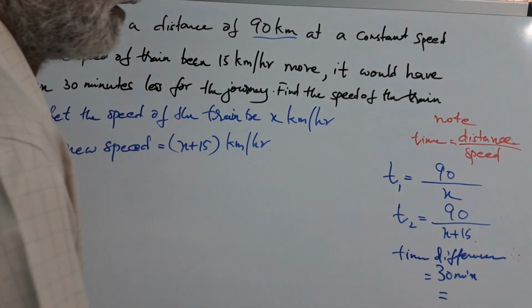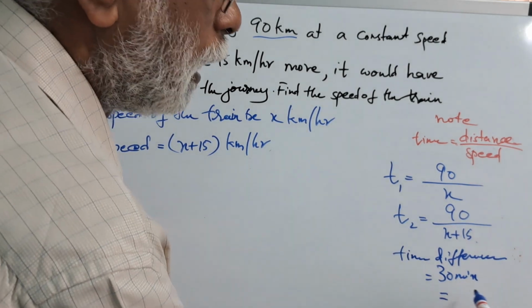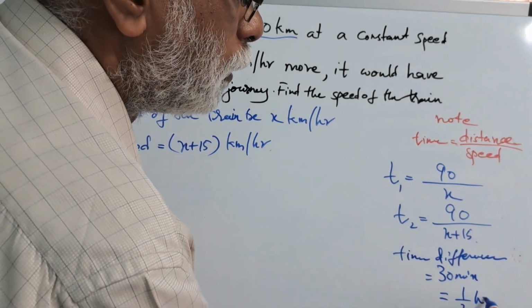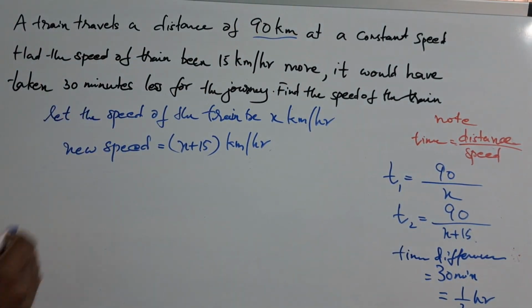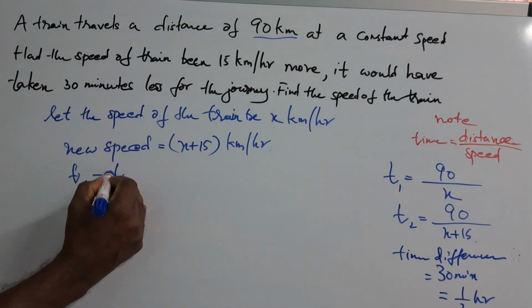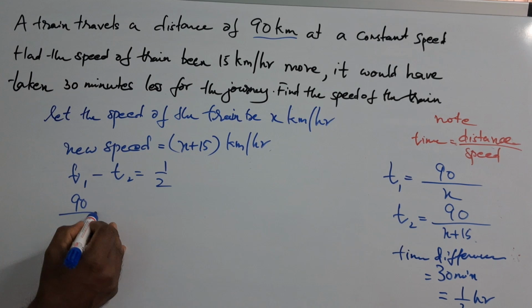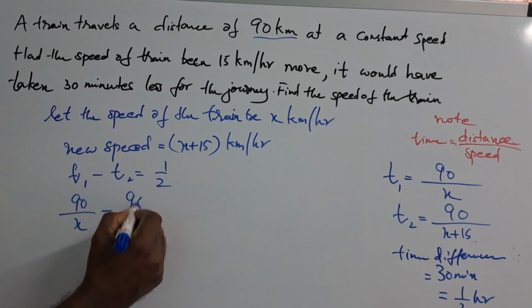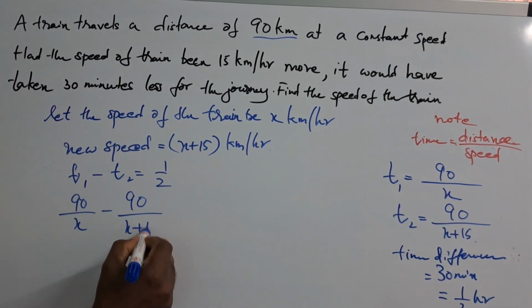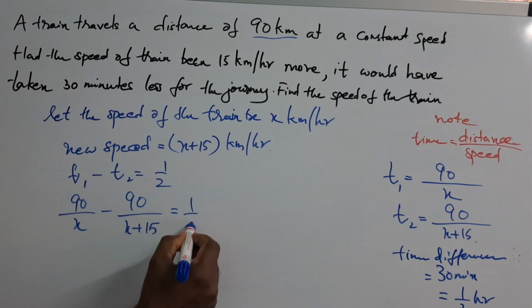Let's convert time into hour, 1 by 2 hour. So T1 minus T2 is equal to 1 by 2. That is 90 by x minus 90 by x plus 15 is equal to 1 by 2.